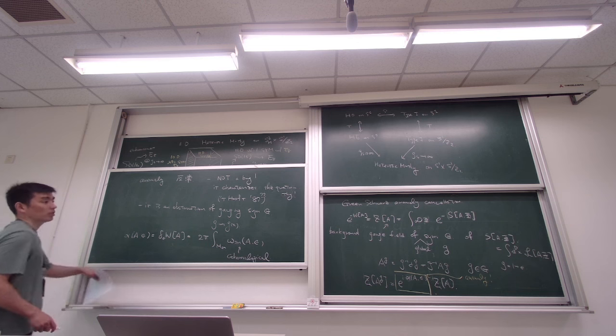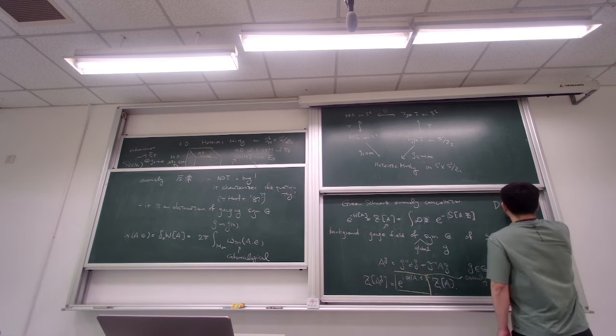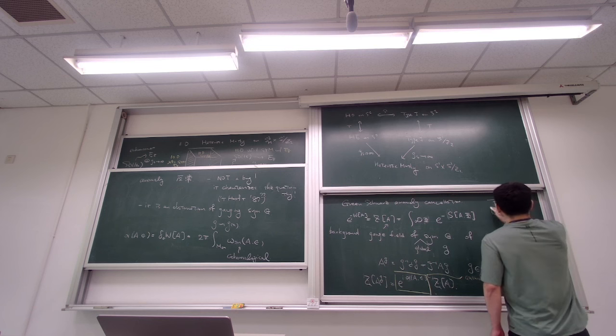So in this section, we only consider even dimension. D is equal to 2n, the space-time dimension. The dimension is even.